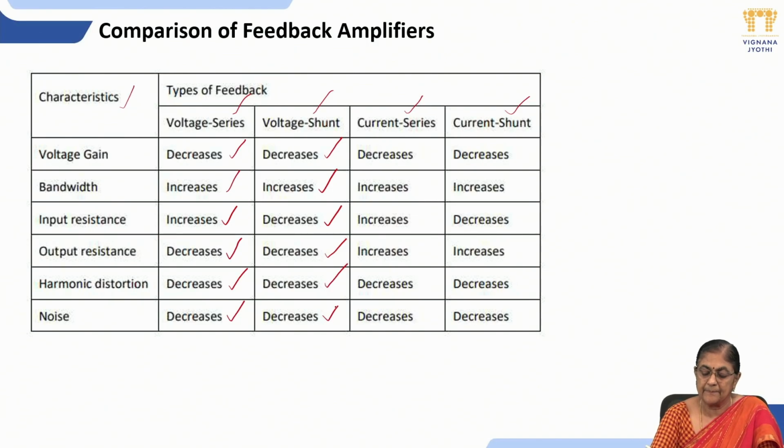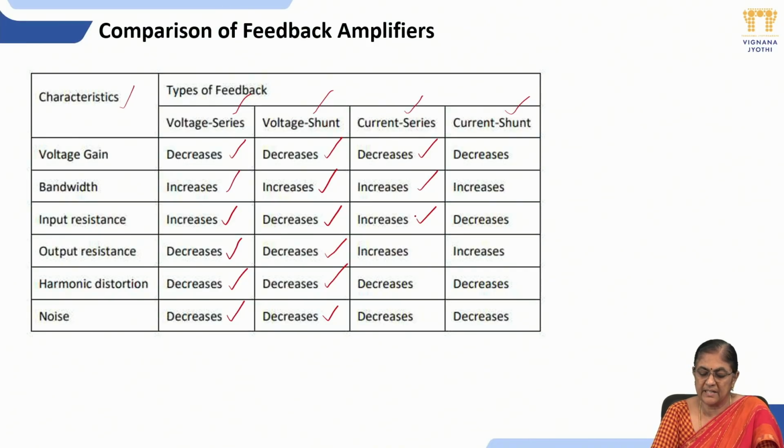Noise also decreases. Coming to current series feedback amplifier, the type of basic amplifier is transconductance amplifier. Transconductance decreases, bandwidth increases, input resistance increases. What is the reason for that? Series mixer is used in current series feedback amplifier. Output terminals of the feedback network are connected in series to input terminals of the basic amplifier.